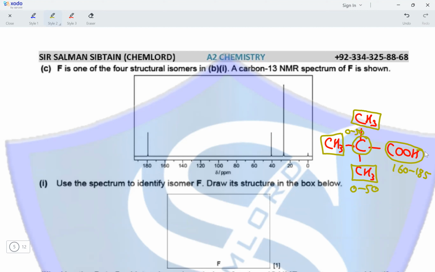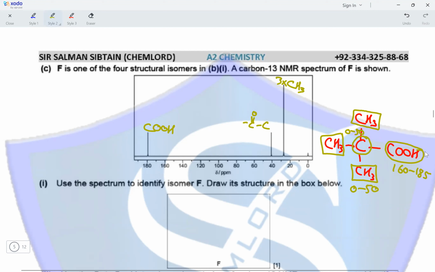And since we've got a peak close to 25 and a peak close to 40, these two peaks correspond to the two different environments, CH3 next to carbon, and the carbon between 3 CH3 and 1 C double bond O. Since the carbon is next to C double bond O, the peak at 40 looks like it is the single carbon atom next to C double bond O. The peak between 20 and 30 is due to the three CH3 groups, and the peak close to 180 corresponds to the COOH group.